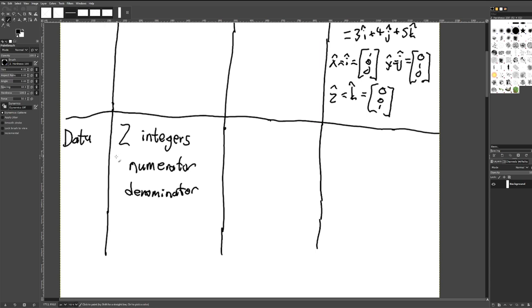You treat these things differently. You treat the numerator one way and the denominator differently, another way, when you're doing things with fractions. I'll get to that a little bit more later.